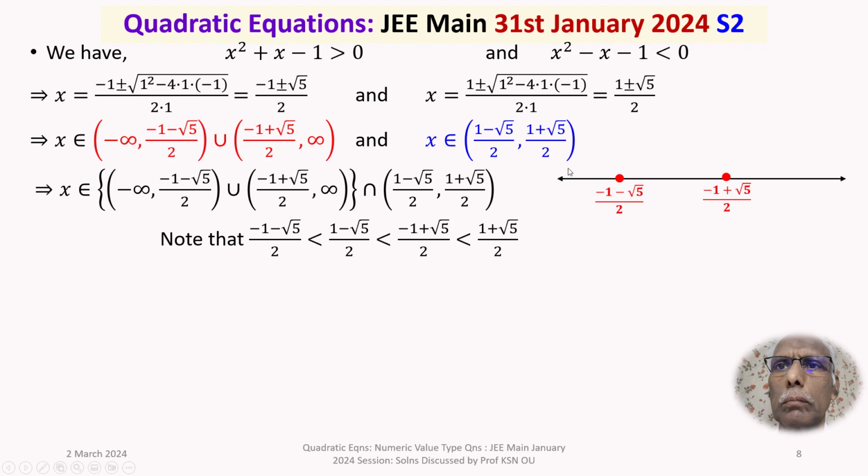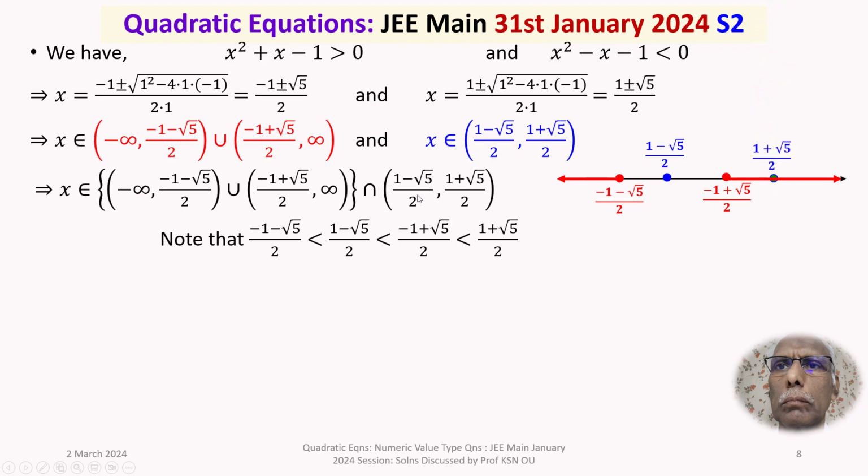So this is minus infinity to alpha, and this is beta to infinity. This is the union, depicted in red. The intersection: where is 1 minus root 5 by 2? Here is 1 minus root 5 by 2, and 1 plus root 5 by 2 is here.